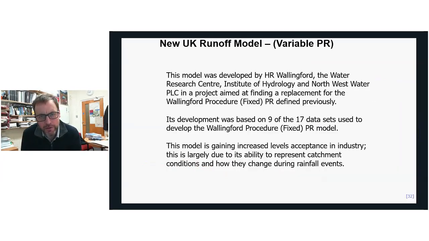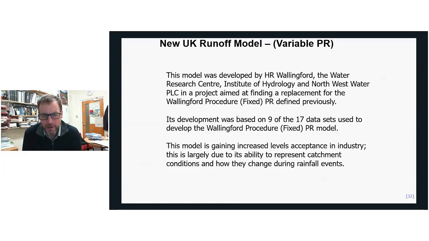So to counter these problems, a model was developed by H.R. Wallingford, the Institute of Hydrology and Northwest Water, to try and remedy this. Its development was based on 19 of the 17 data sets used to develop the Wallingford procedure model. The previous model, the fixed PR model, was based on 17 data sets, which I think were collected in the late 60s.